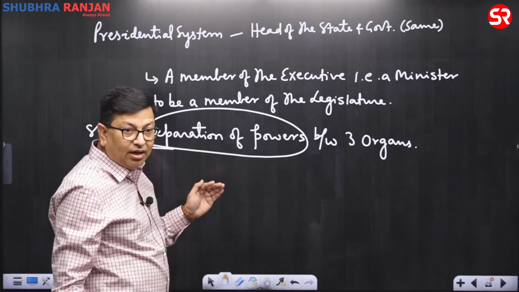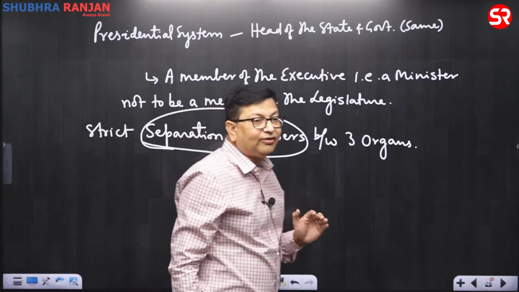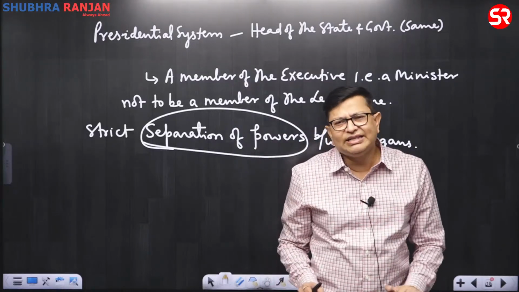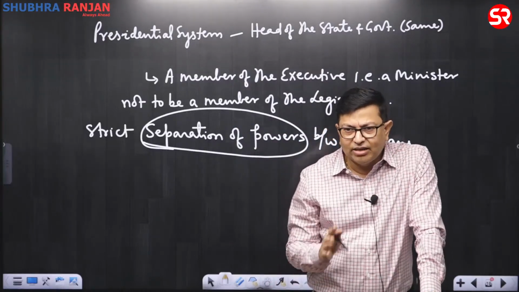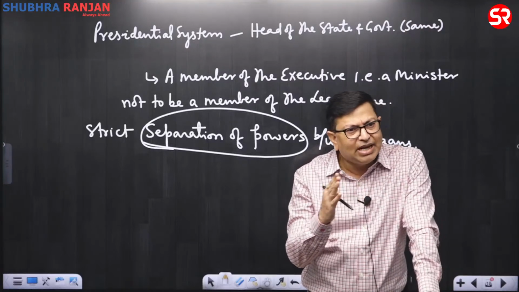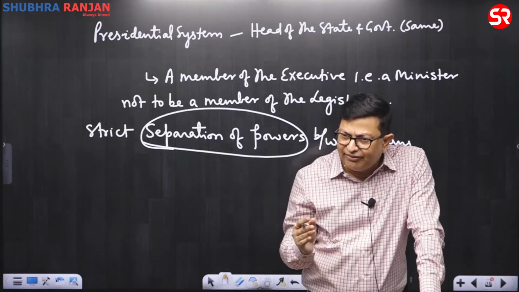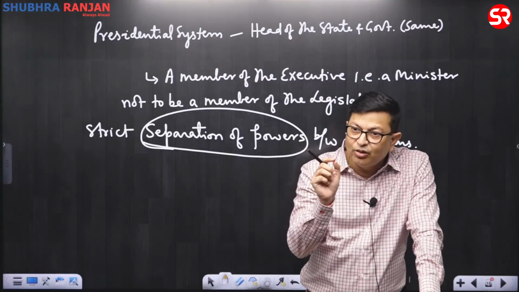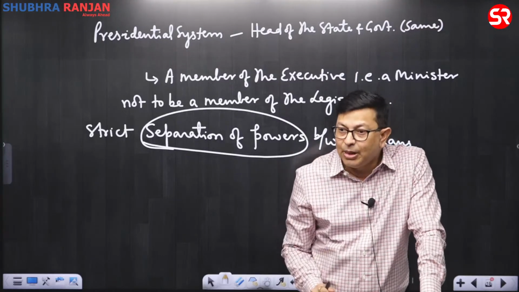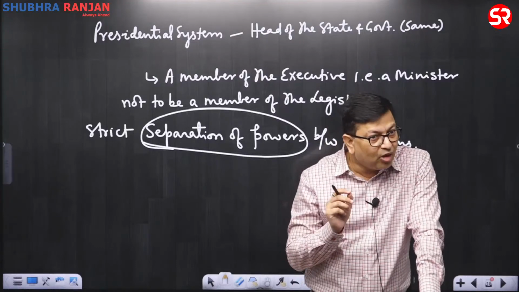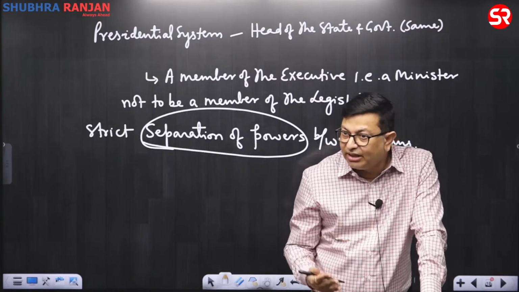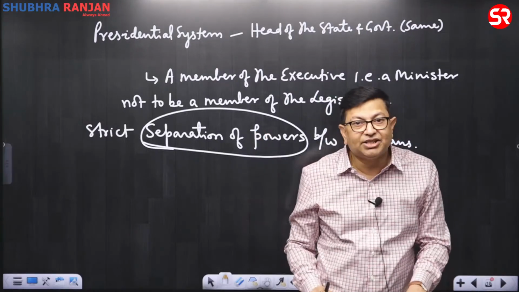Then another set of governments is there in some countries, like a blend of parliamentary system and presidential system, like in France, in Russia, in Sri Lanka. They are known as quasi-presidential system. So we will be discussing what is quasi-presidential system, what is the French model, what is this concept of separation of powers.